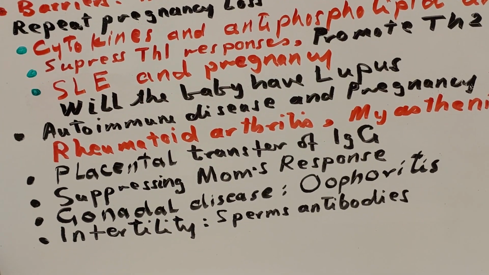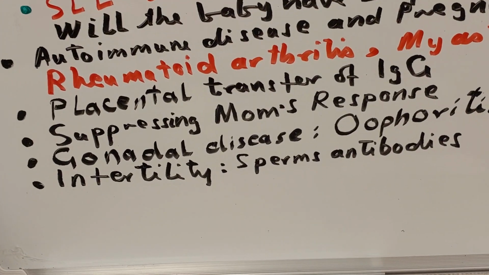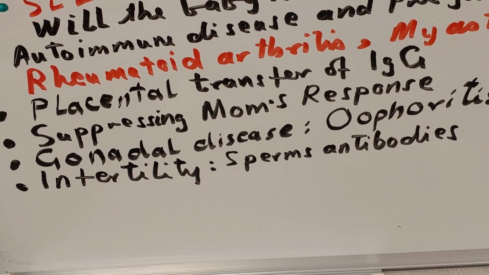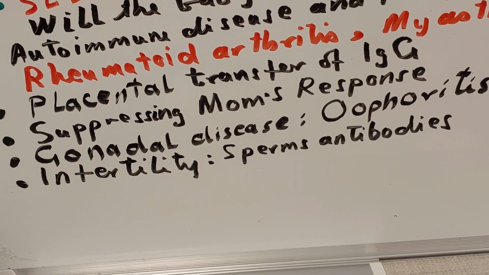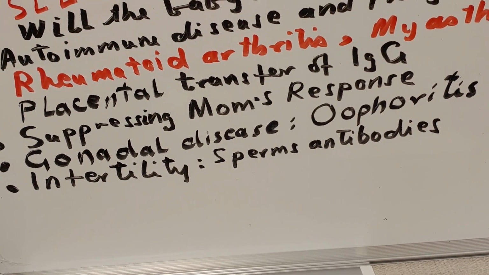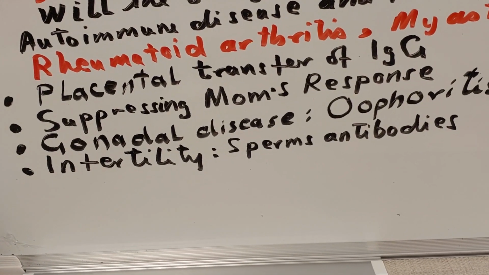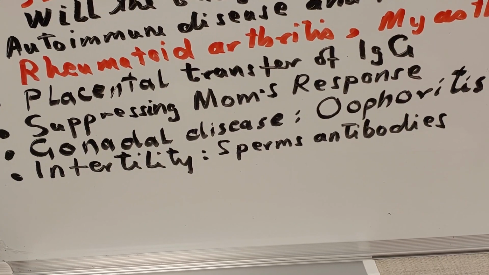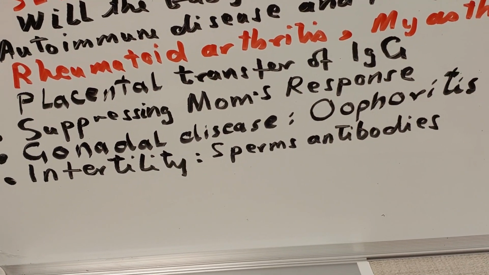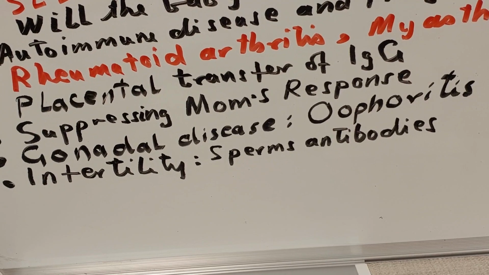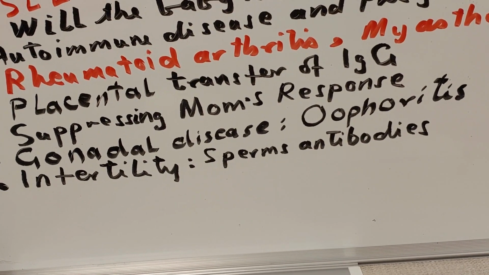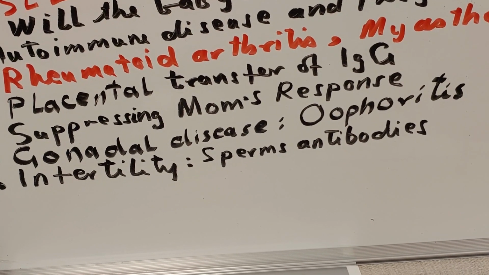And so now I'm going to talk about some of the gonadal diseases. As you know, autoimmune disorders of this part may predispose to primary amenorrhea or premature menopause.